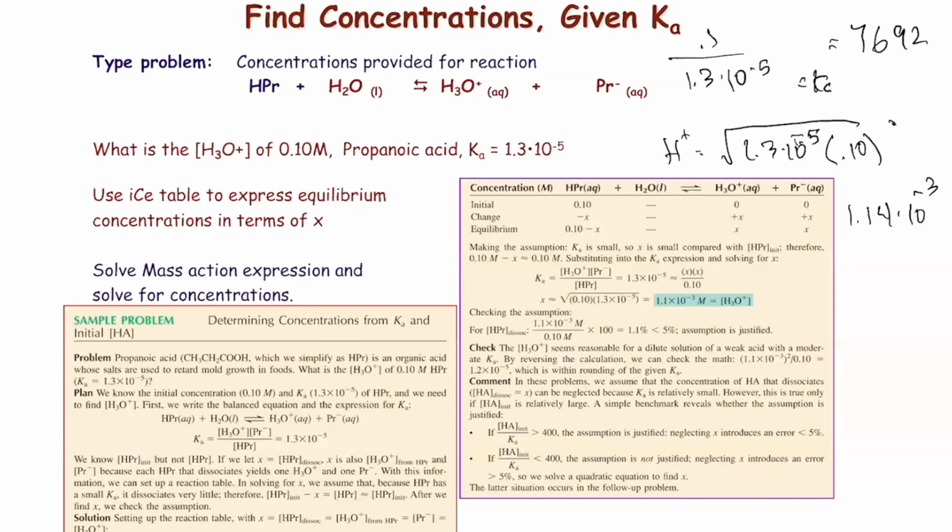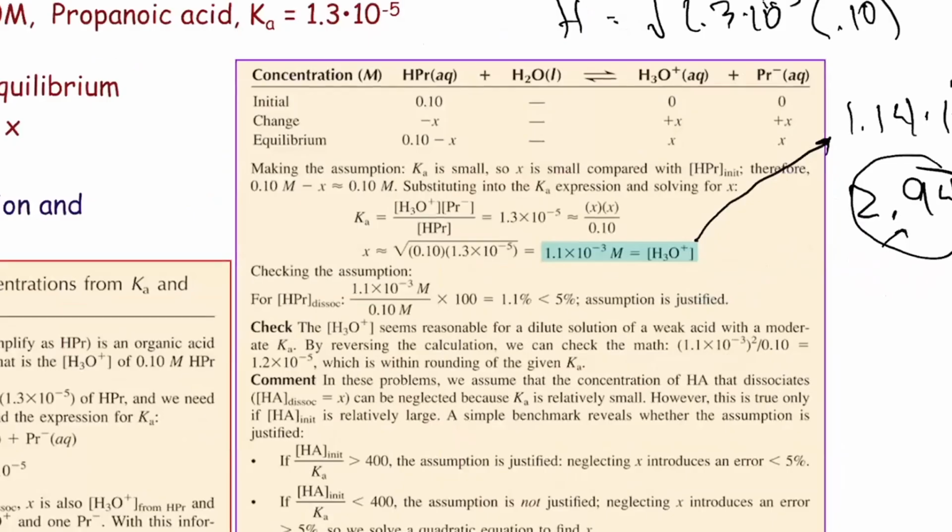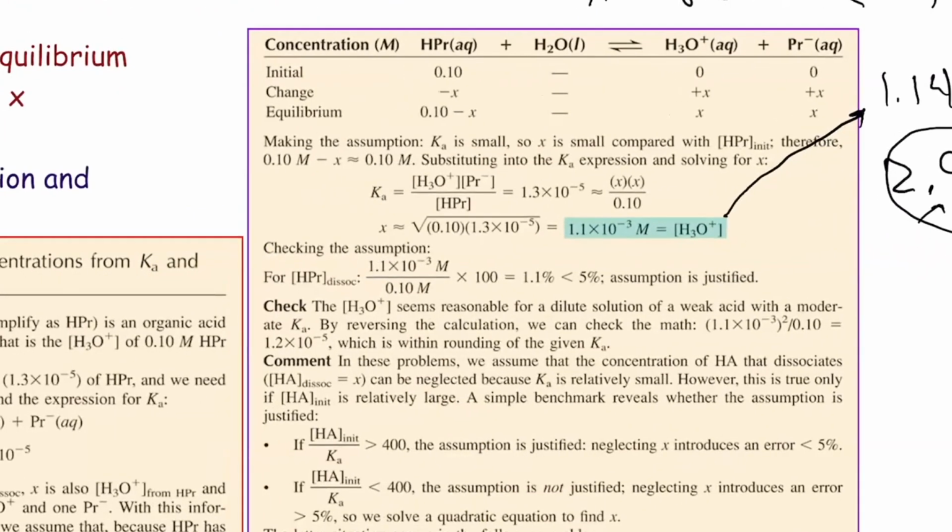And if I take the negative log of that, it's in my calculator, then what you find out is my pH is 2.94. Where is the pH shown here? Well, this is the answer, and I don't see the pH calculated here, but that would be the correct answer.